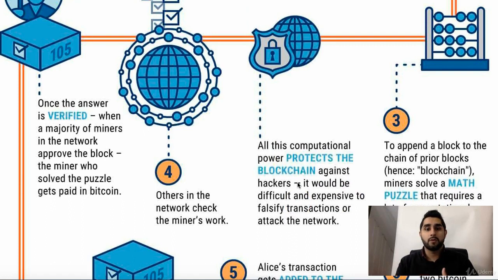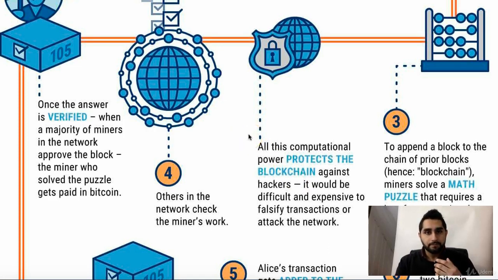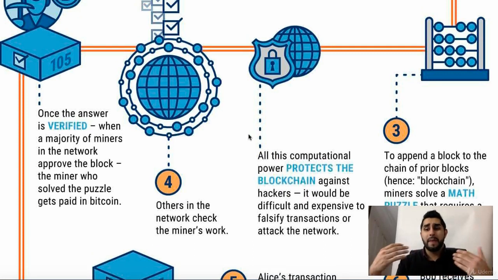The miners are the ones making sure everything is authentic and legit, and that's what allows Bitcoin to run successfully. So people don't have to worry about falsified information, banks being in control of everything. It really allows a proper decentralized environment to be built for transactions.